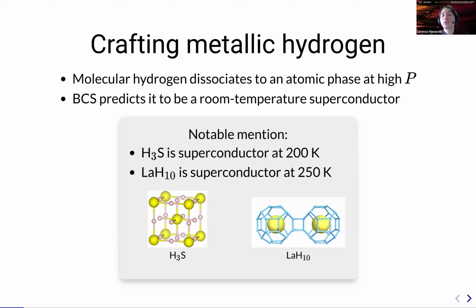And so the superconductive mechanism of lanthanum H10 is expected to be very similar to the one of high pressure hydrogen. So probably high pressure hydrogen will be superconducting at an even higher temperature, but unfortunately at an even higher pressure.